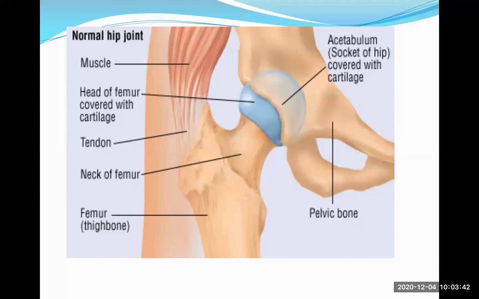That is the attachment of the capsule of the hip joint. Now it is reinforced by many powerful ligaments: iliofemoral ligament, ischiofemoral ligament, and pubofemoral ligament. These are reinforcing the capsule of the hip joint so that this hip joint is very stable. We need a lot of power or energy to displace it.